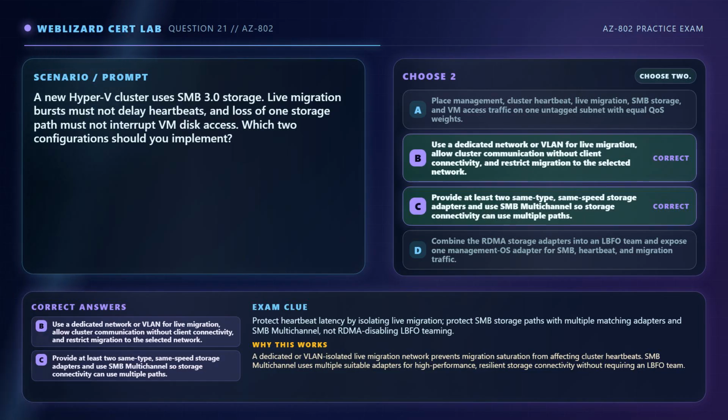A dedicated or VLAN-isolated live migration network prevents migration saturation from affecting cluster heartbeats. SMB multi-channel uses multiple suitable adapters for high-performance, resilient storage connectivity without requiring an LBFO team. Protect heartbeat latency by isolating live migration. Protect SMB storage paths with multiple matching adapters and SMB multi-channel, not RDMA disabling LBFO teaming.